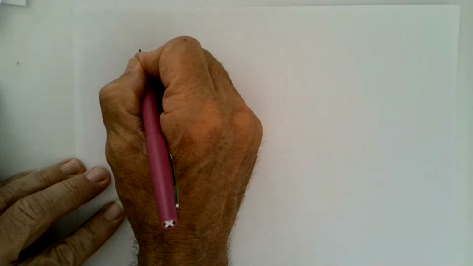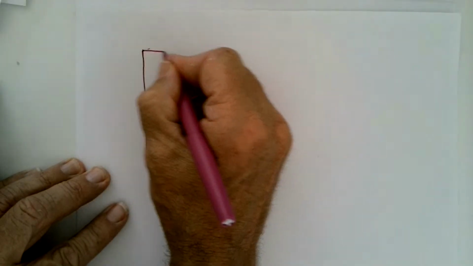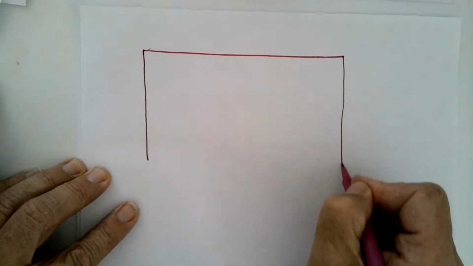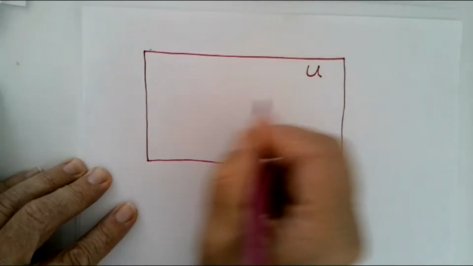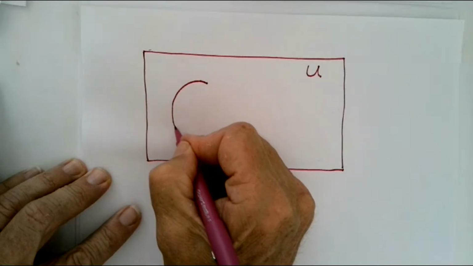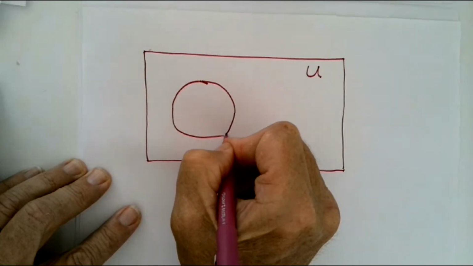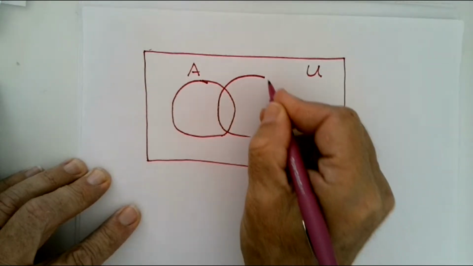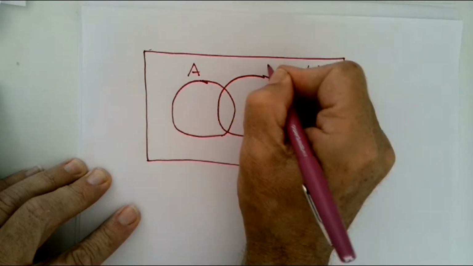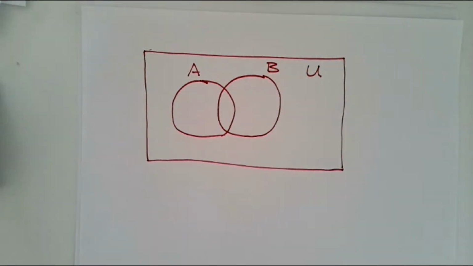So this is helpful for us when we're doing some analysis. So let's draw a Venn diagram. Again, we start with the rectangle to represent the universal set. We're going to have a set A and a set B. This is our set A. This is our set B. But again, there's actually 4 distinct regions that we have in this Venn diagram.